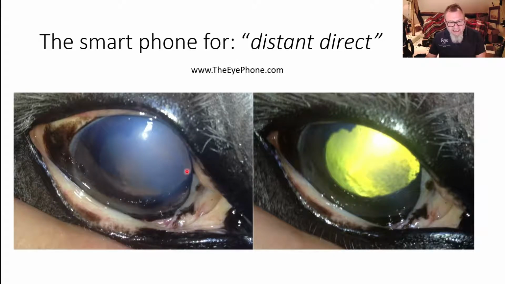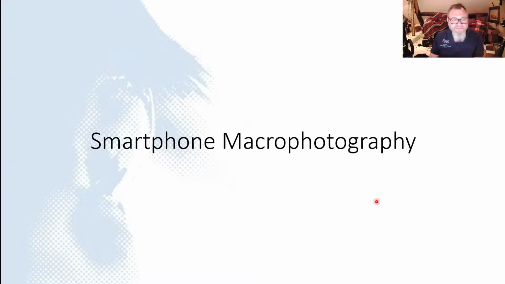Finally, this slightly denser area here, ventromedially, corresponds to keratic precipitates, pieces of pus, inflammatory cells on the inside of the cornea. This patient's got chronic uveitis and secondary glaucoma, which is why we have the generalised corneal edema. These two photographs between them give lots of information which allow us to pass comment on what's going on inside the eye.